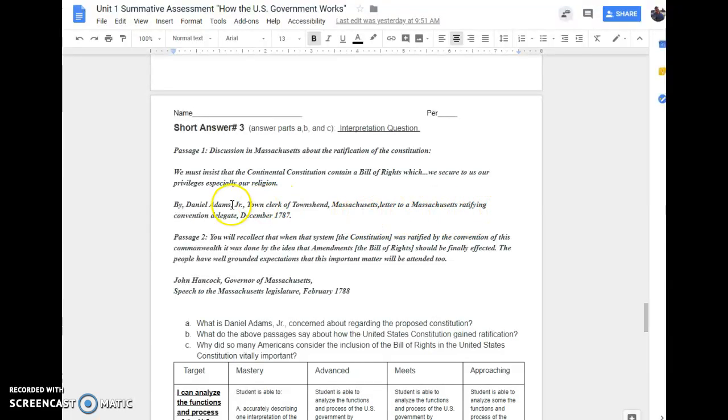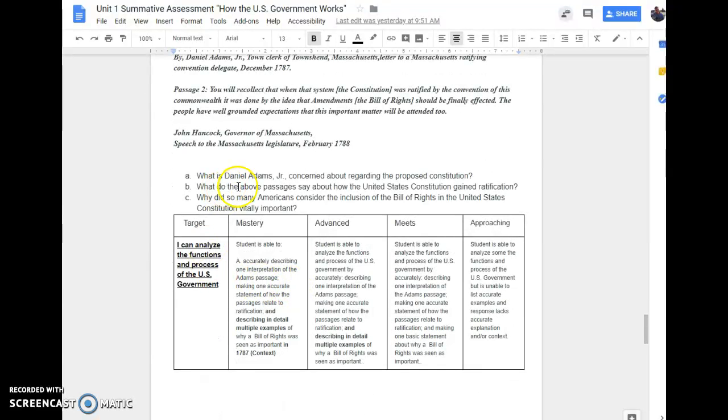They are very much concerned that there's nothing in the Constitution to guarantee one's right to religious freedom, a right that many people value. So looking at that, you have to interpret that. What is Daniel Adams saying? What is he concerned about regarding the proposed Constitution? So you have to explain that.